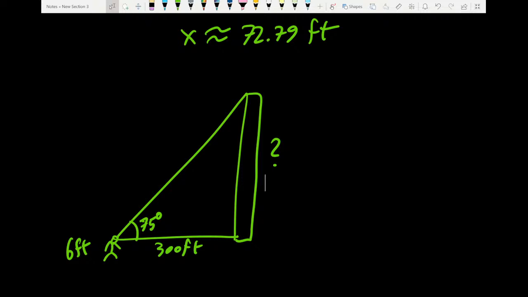All right, let's see. So again, according to this angle, we're looking at opposite over adjacent, and we're using the same tangent. Tangent of 75 degrees equals the missing side x over 300 feet.